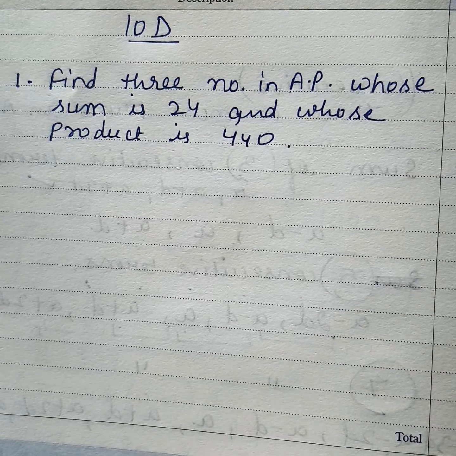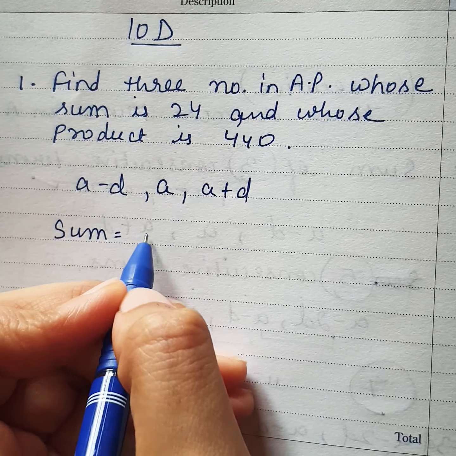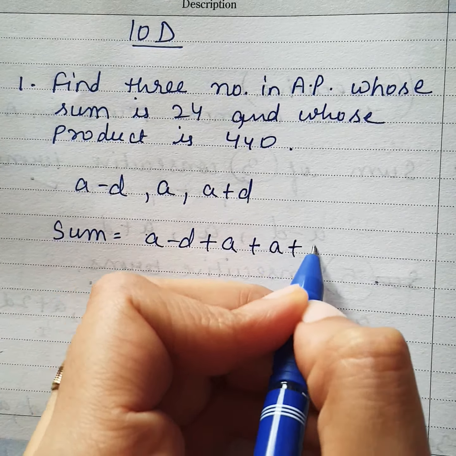The question is 10D. Question number 1. Find 3 numbers in AP whose sum is 24 and product is 440. Now 3 consecutive numbers. 3 is an odd number, so I am letting the terms in AP to be this. So now the sum will be A minus D plus A plus D plus A plus 2D.